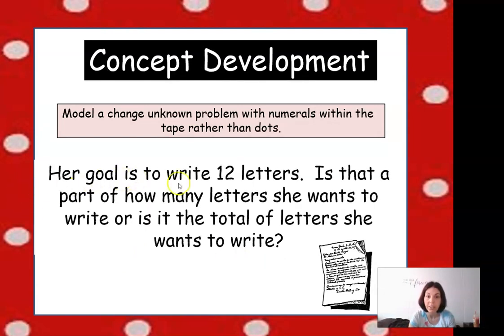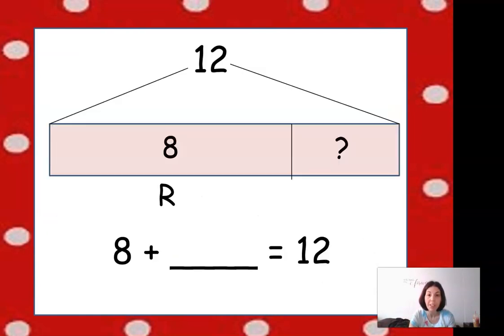Her goal is to write 12 letters. Is that a part of how many letters she wants to write, or is that the total of letters she wants to write? So is 12 the total or a part? We can look at it's the total. And this is where you put the total, up here.